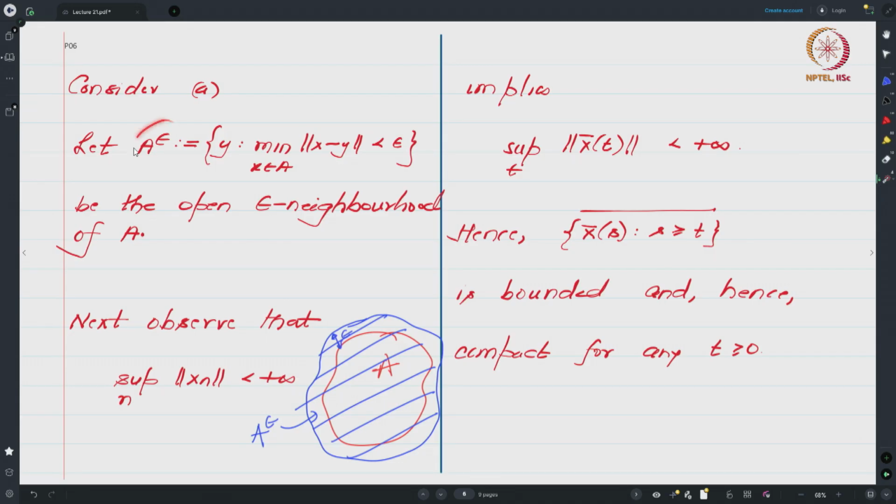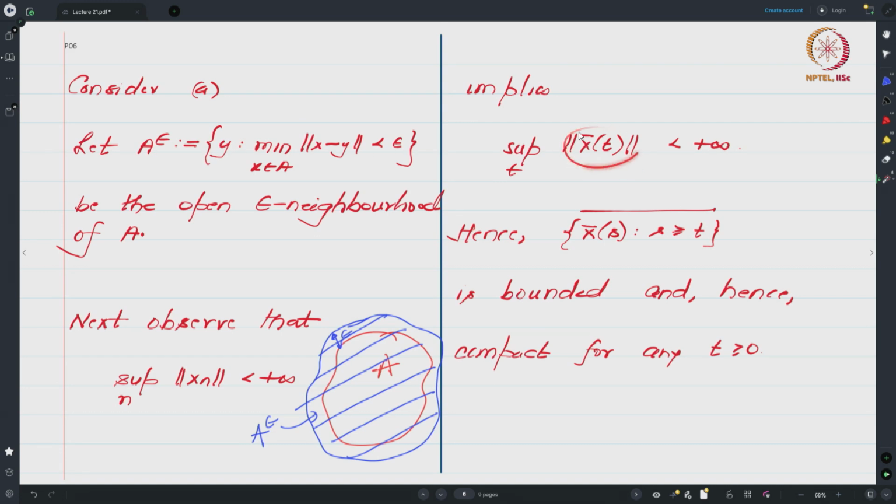Now we are going to make use of this A epsilon set to show that xn converges to A, and the way we go ahead is we are going to define some sets. Towards that, first observe that because of our A4 assumption your iterates are bounded, and because your xn's are bounded, one can easily conclude that the linear interpolation is also bounded. The difference is that n runs over positive integers, whereas t runs over all values between 0 to infinity.